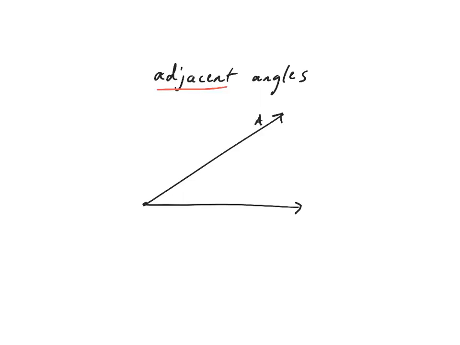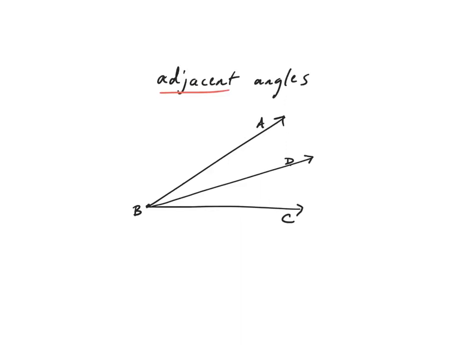I'm going to call this A, B, C. And I'm going to split this angle into another angle, and I'm going to call this point D right there on that angle. So if I look at this, I now have two angles that are next to each other. I have angle ABD, which is this right here.